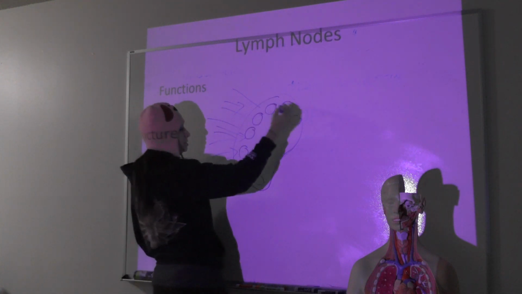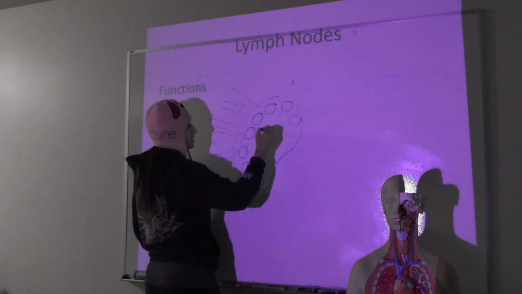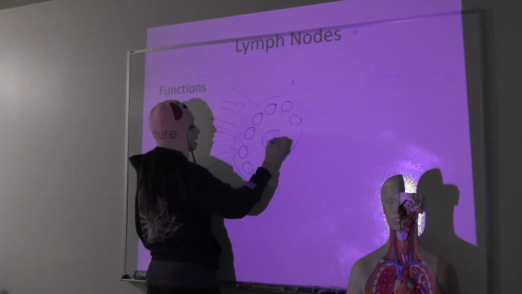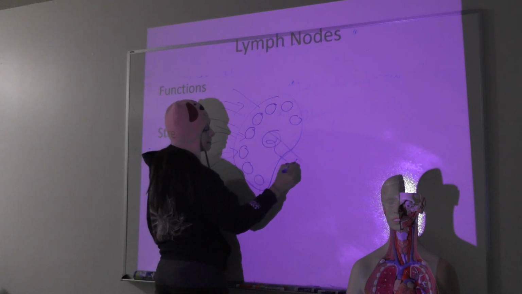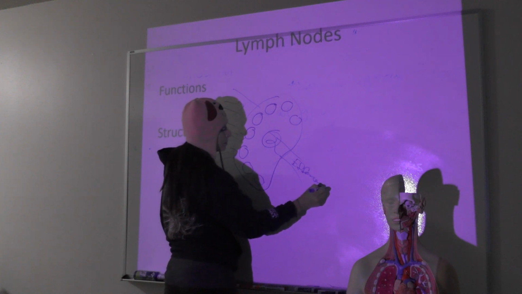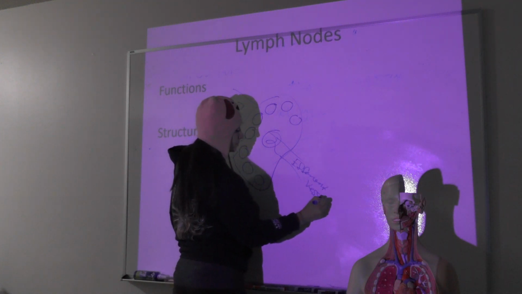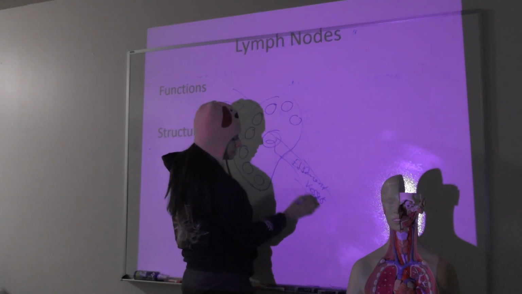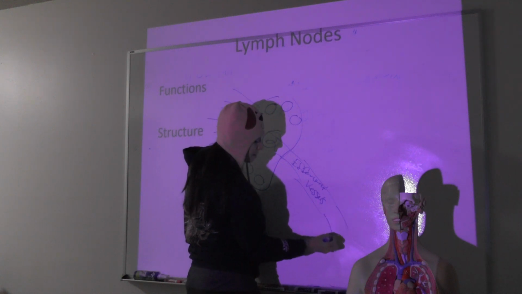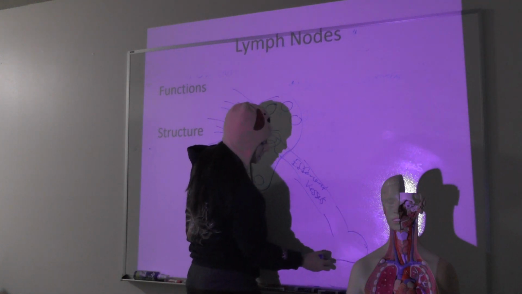So this outer region of a lymph node is called the cortex, this inner region is called the medulla, and it's going to drain away into efferent vessels that will then become some afferent vessel for some lymph node on down the line.